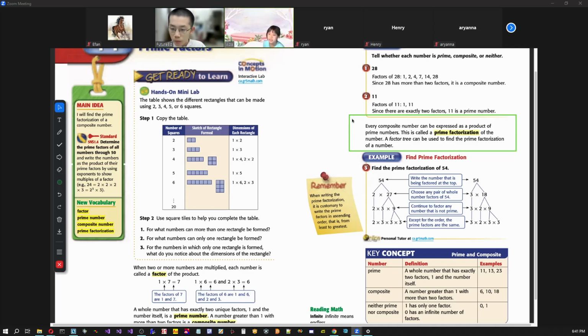This is called a prime factorization of the number. A factor tree can be used to find a prime factorization of a number.